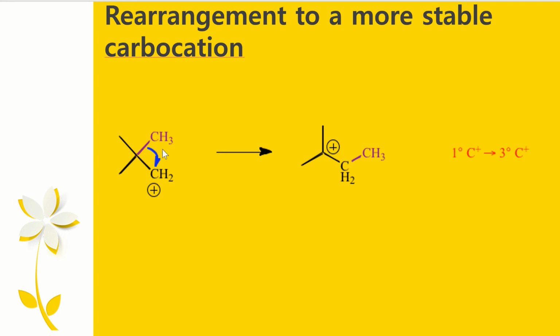Can you imagine that the 1,2 methyl shift results in the movement from a primary carbocation to a tertiary carbocation? That is definitely favored because obviously the tertiary carbocation is more stable.